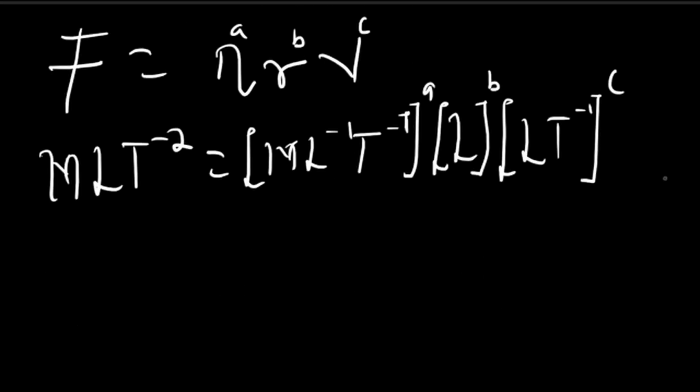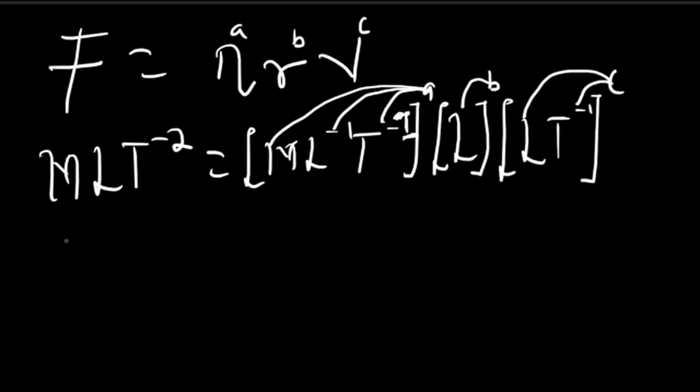Now, having substituted, the next thing that we're going to do right now is to distribute the powers, okay? So the a goes to the M, goes to the L, goes to the T. This is a minus 1, please. This is minus 1. Then the b goes to the L, the c goes to the L, the c also goes to the T minus 1.